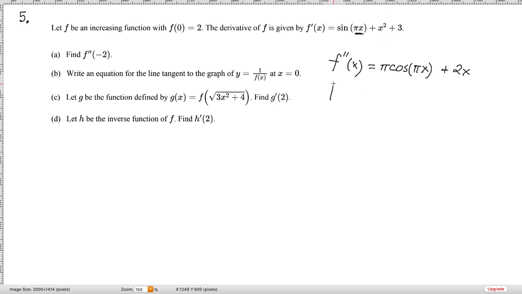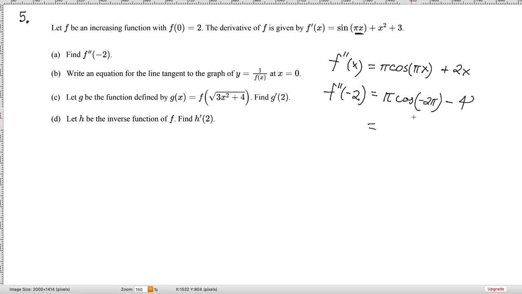Now that I have f double prime of x, I can find f double prime of negative 2. I'm going to get pi times cosine negative 2 pi plus negative 4. When x is negative 2, negative 2 times 2 is negative 4, so minus 4.